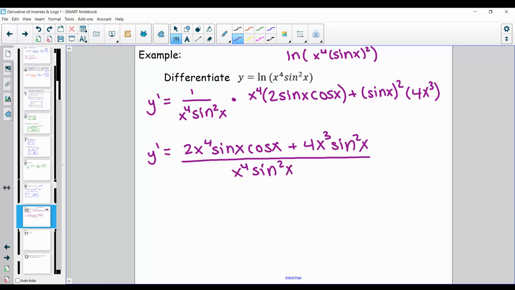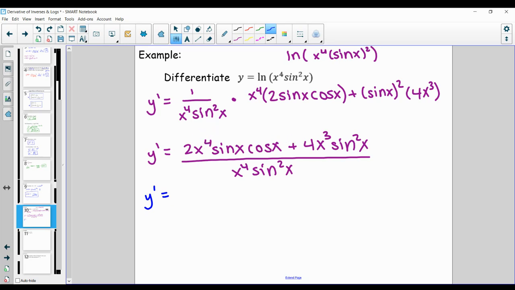Okay, so technically you could leave it this way, right? You found the derivative, you plugged in everything, and that's where it's at. But if we wanted to simplify this a little bit further, it's kind of annoying, but we can do it. We can look to see what everything has in common, right? So if you look at the top, there's two terms in the top, and you have the expression on the bottom. They all have some type of, oh, let's actually factor the top first a little bit.